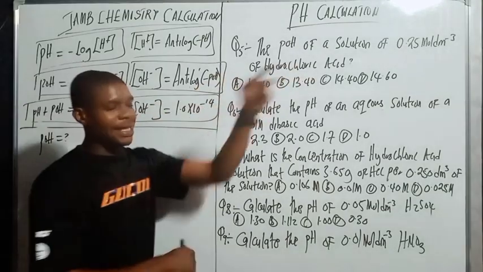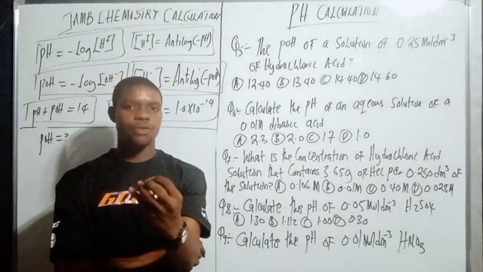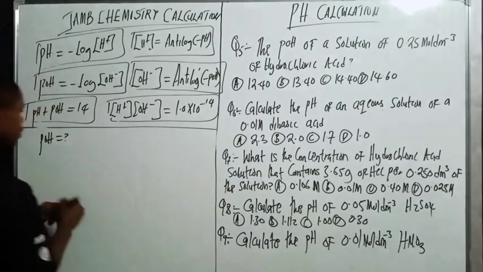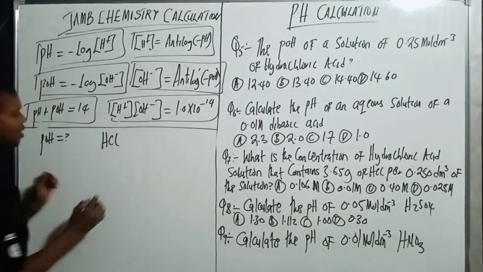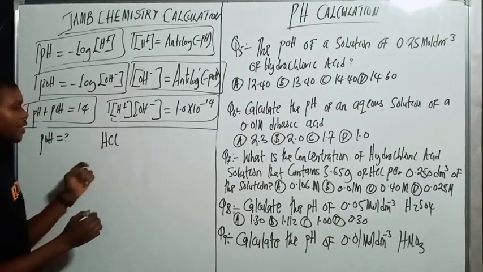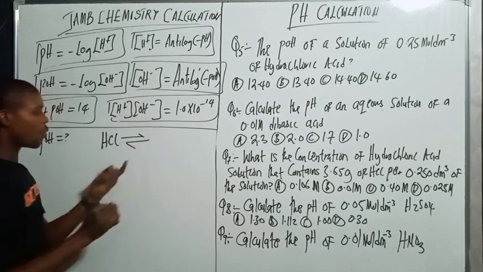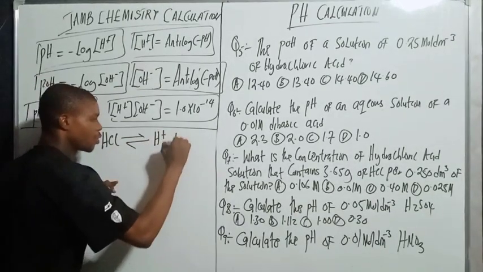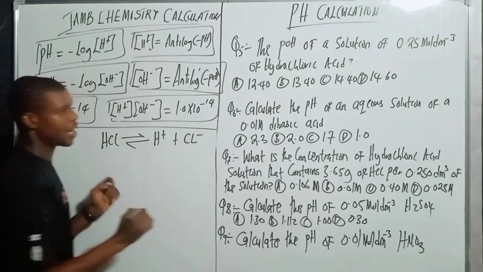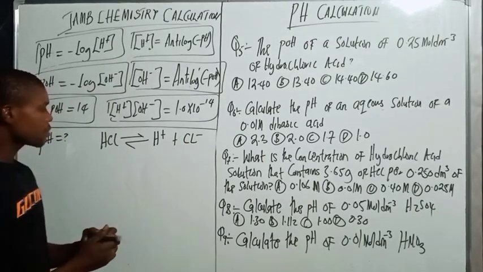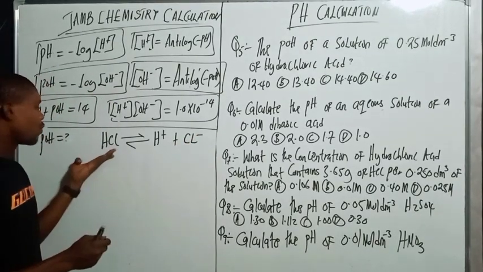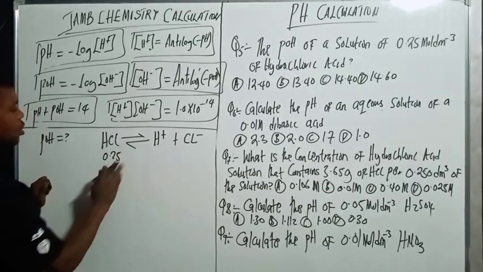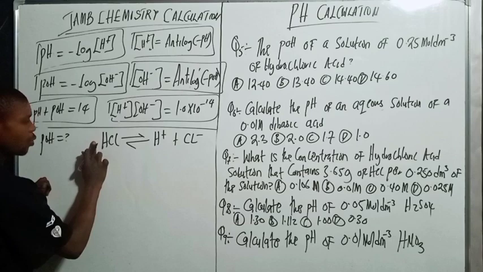Now, they did not give us the concentration of H plus, but we have an acid. Remember, HCl is an acid, right? When you dissociate it, when you split it, here we have H plus and Cl minus. They give us the concentration of the acid, which is 0.25. If you check very well, here we have 1 mole and here we have 1 mole.